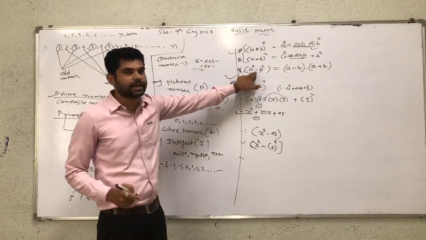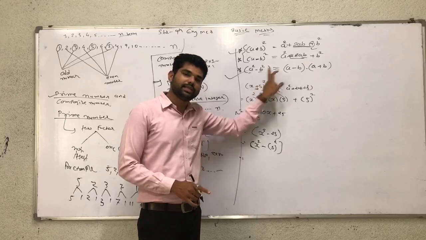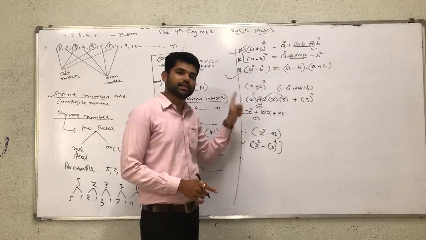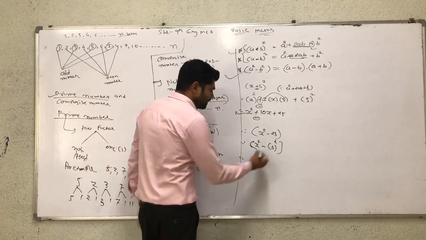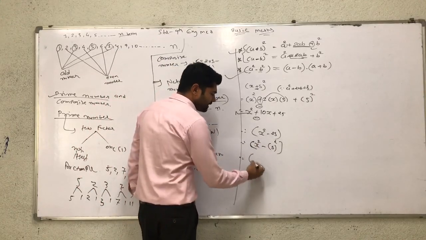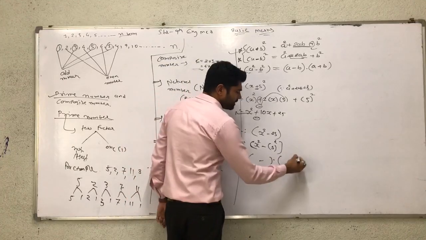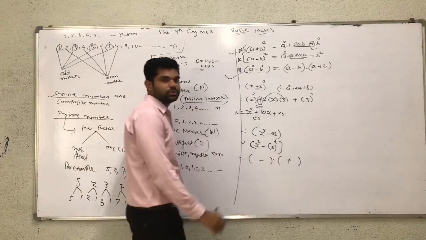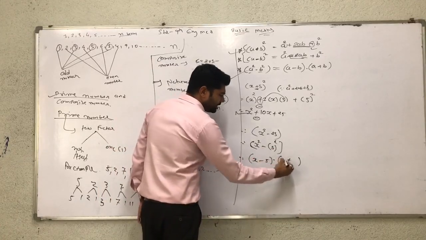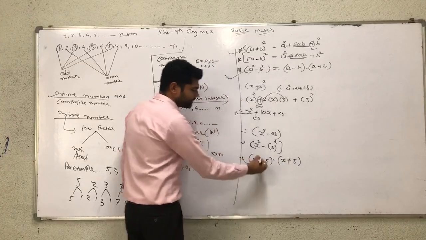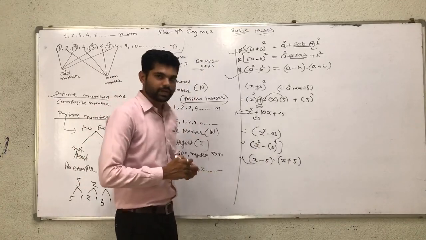If instead of minus it is a square plus b square, we can't apply this equation. It applies only for a minus sign between two terms, with a particular square of each term. So a square minus b square: the answer is one time subtraction of the two numbers multiplied by a second time addition of the two numbers. So (x minus 5) and (x plus 5) is the answer of x square minus 25.